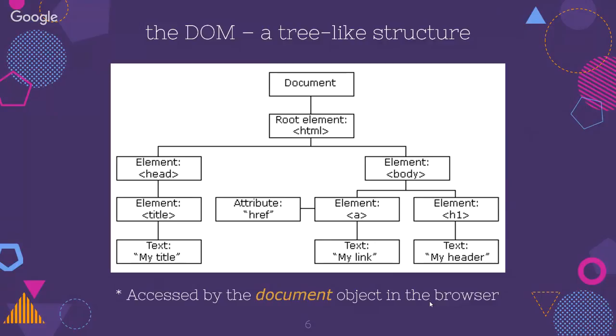After that comes what we call the root element of the DOM. So the root of the HTML tree, here it is, the HTML element. And then the HTML tree branches out into two separate ways.